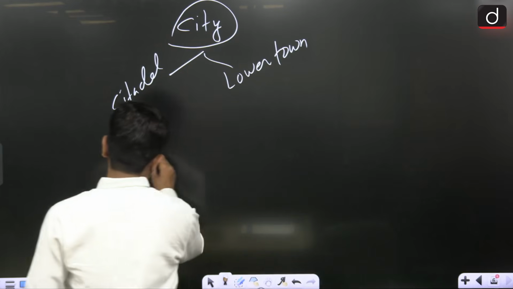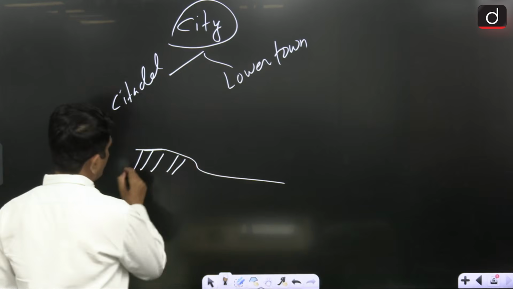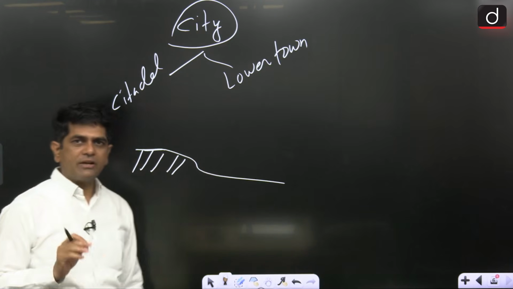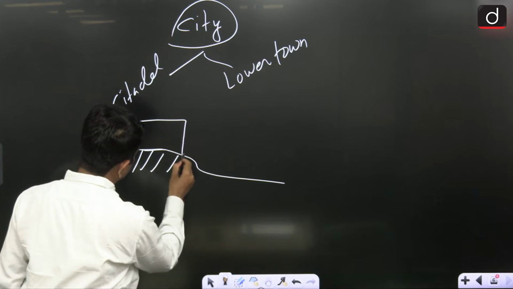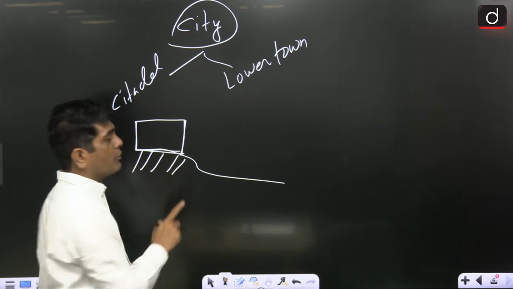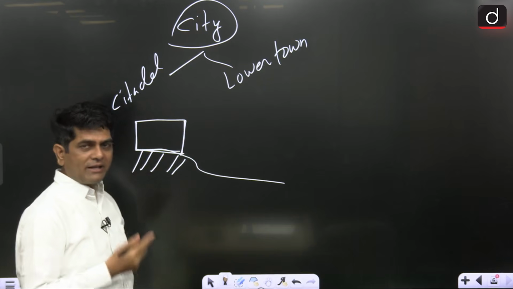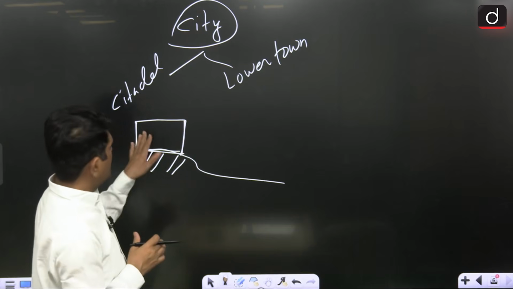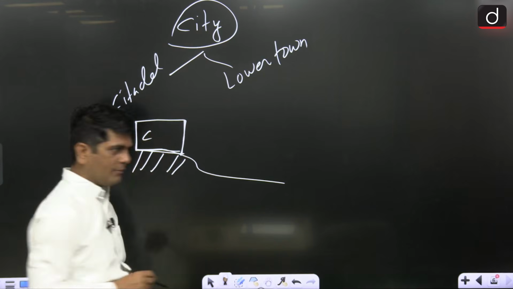Normally, the citadel was built over a raised platform and was surrounded by a protective wall. All the important public buildings and buildings for the ruling class and the rich people were located on the citadel part. Getting my point?